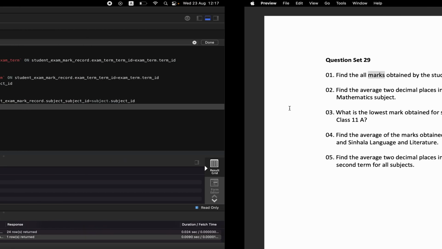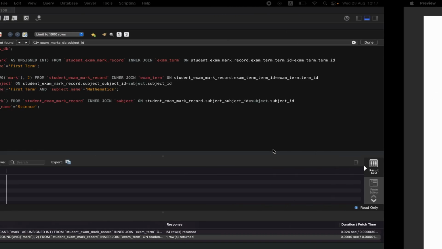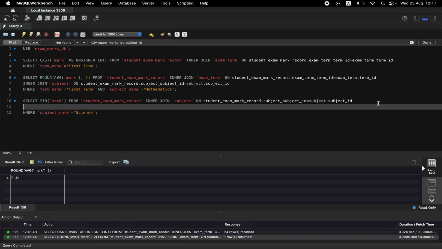and also we need the class as well. So to do that, we have to get the student table. To get the class table, we need the student table.